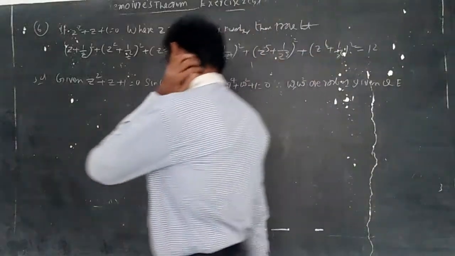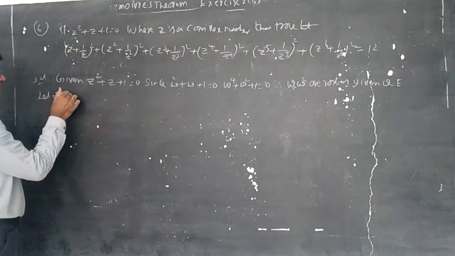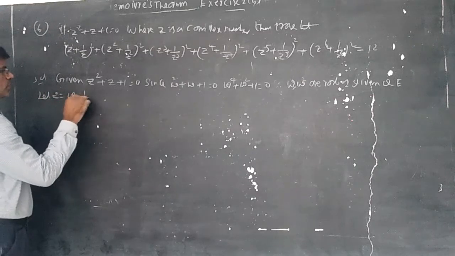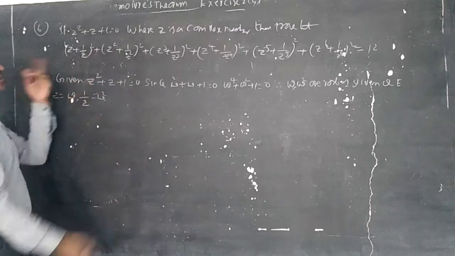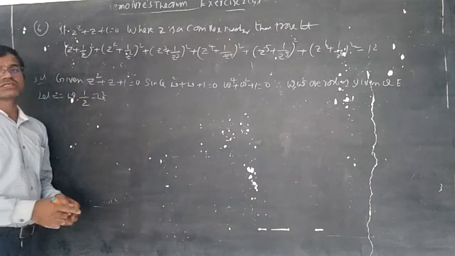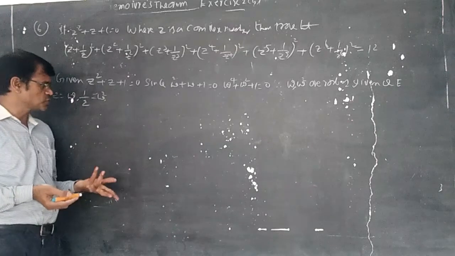So you can understand here. Let z is equal to omega, 1 by z is equal to omega square. Of course, whenever z is equal to omega, 1 by z means omega cube by omega becomes omega square.